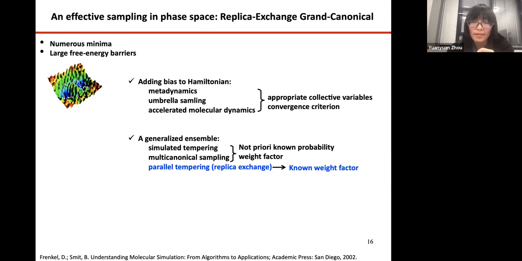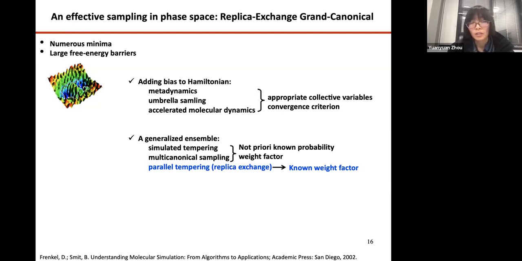The first two methods efficiently overcome barriers and sample the phase space by introducing a random walk on the phase space. This random walk is determined based on a non-Boltzmann probability weight factor, and again, it is not a priori known.